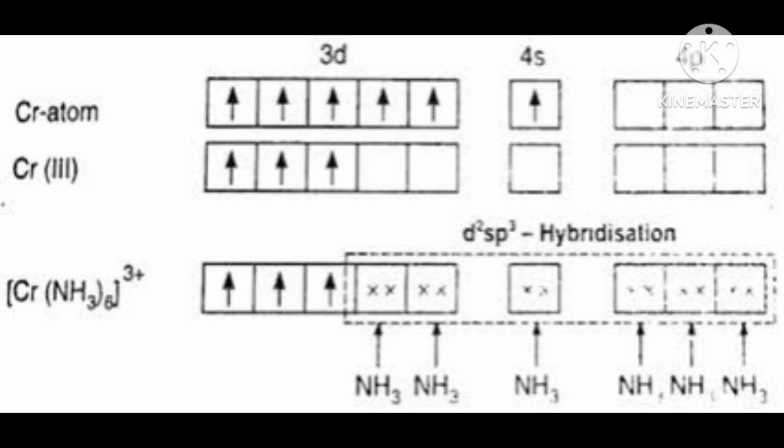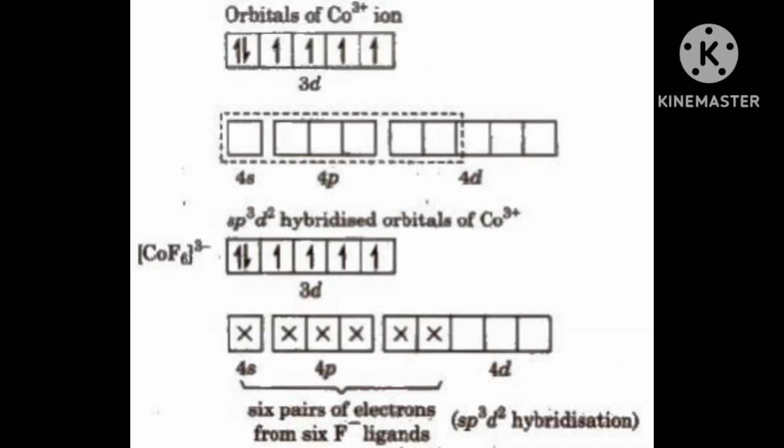Now I want to tell you another example, of nickel. That is NiCl4, with 2 minus outside. Nickel has 4 chlorines attached, NiCl4, and outside 2 minus.